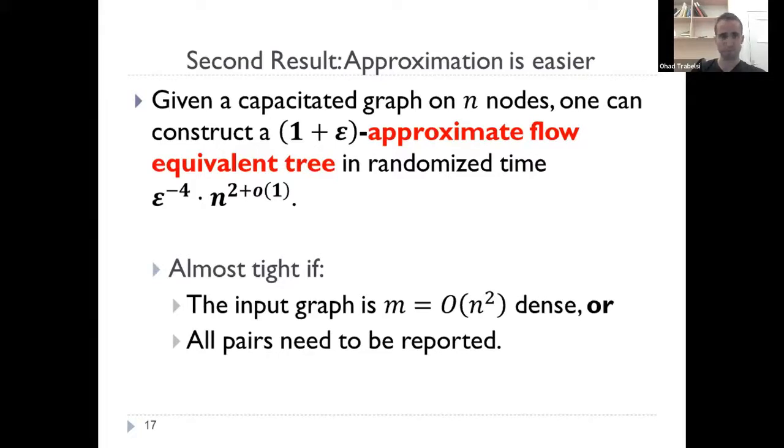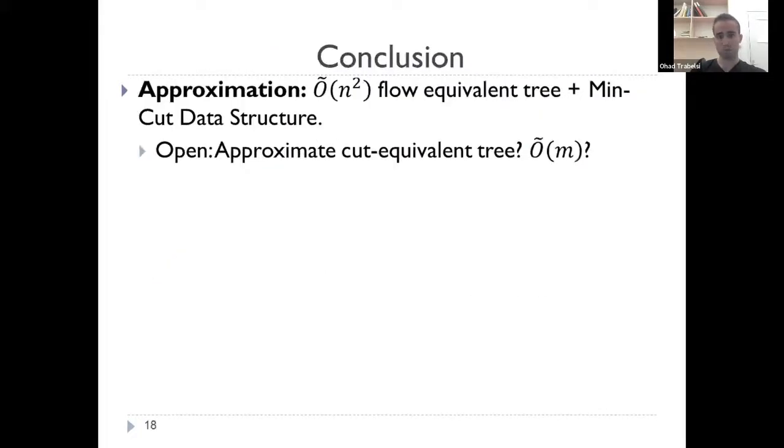So to conclude, for the approximation, we have the min cut data structure and the n² flow equivalent tree. The open question is: can we get an approximate cut equivalent tree rather than just a flow equivalent tree and the min cut data structure? And also, is it possible to have a near-linear time algorithm as opposed to the n², which is almost tight for the dense case?